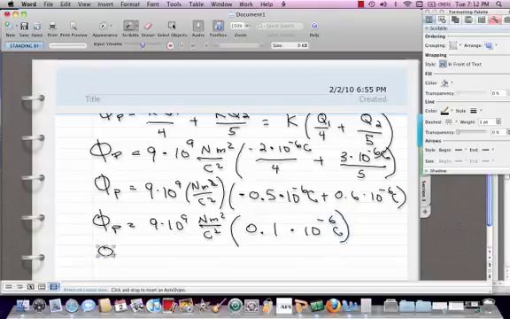When I multiply 9 times 10 to the 9th times 0.1 times 10 to the minus 6, I get 900. I get one coulomb canceled, so I get newton meter squared per coulomb.